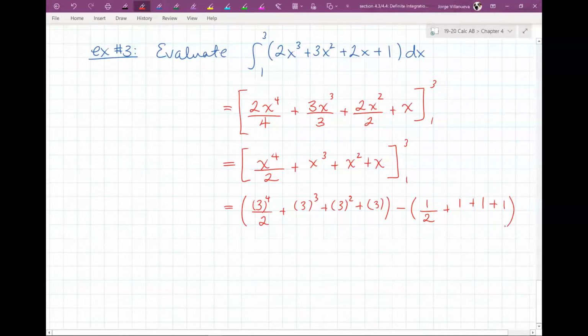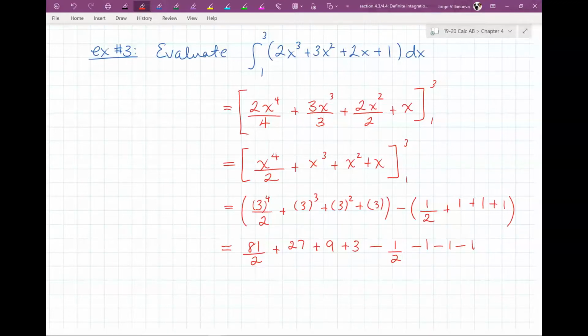I didn't want to write 1 to the fourth and 1 to the third and 1 squared, so I simplified immediately. All right, let's see. 3 to the fourth, that would be 9 times 9, so that's 81 over 2 plus 27 plus 9 plus 3 minus half minus 1 minus 1 minus 1, right? If I simplify by just sending stuff over, okay?